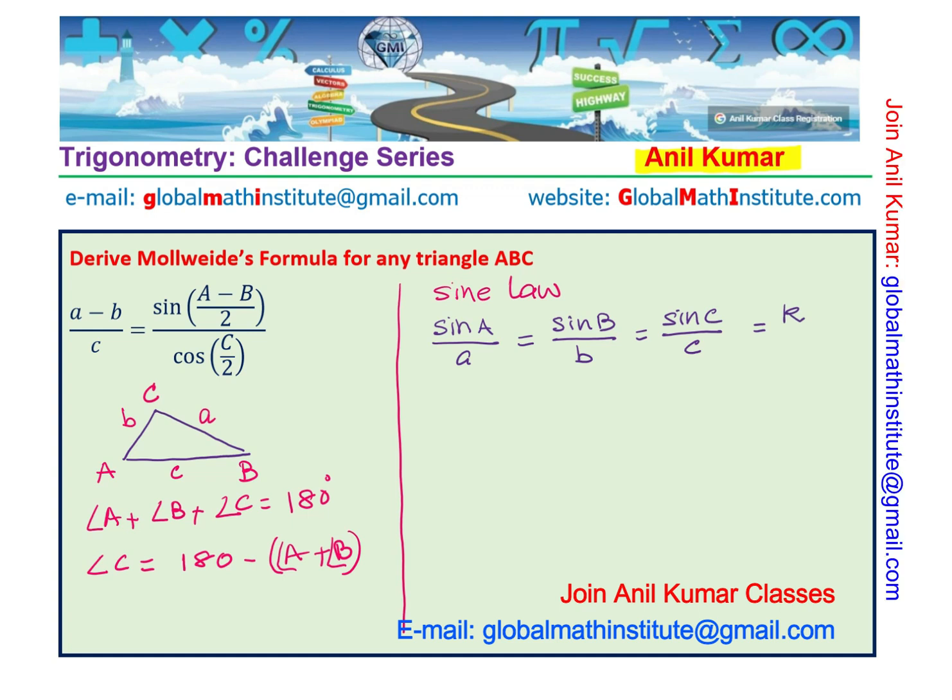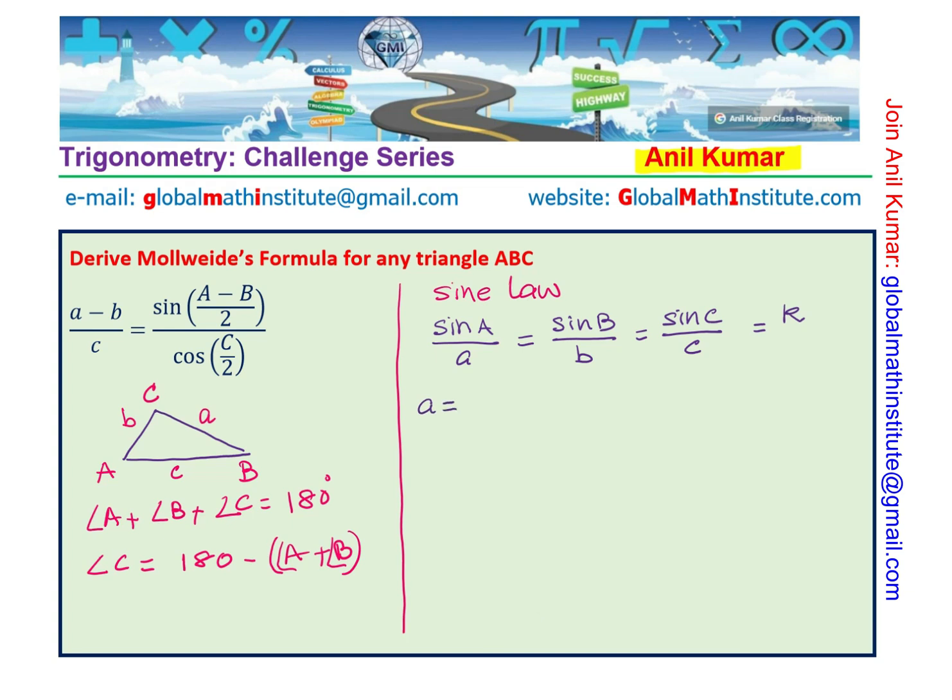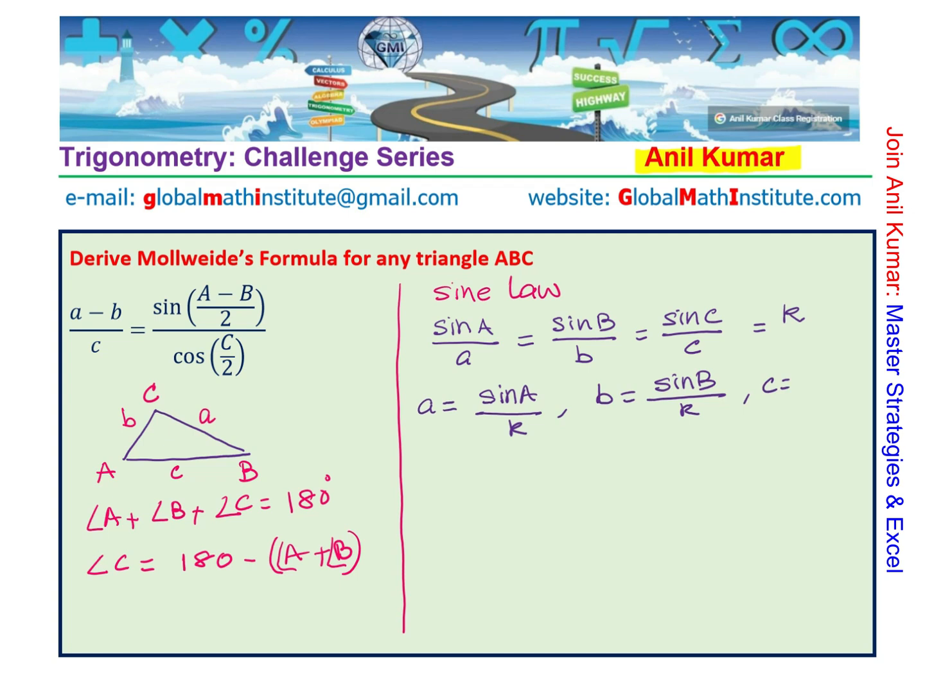So you can write a, b, c in terms of sine A, sine B, sine C. We just cross multiply: a equals sine A over the constant k, b equals sine B over k, and c equals sine C over k. So this part can replace (a minus b) over c, as you can see.